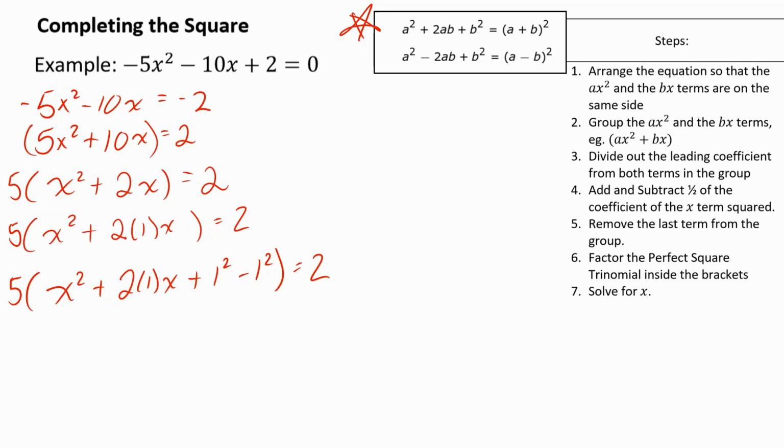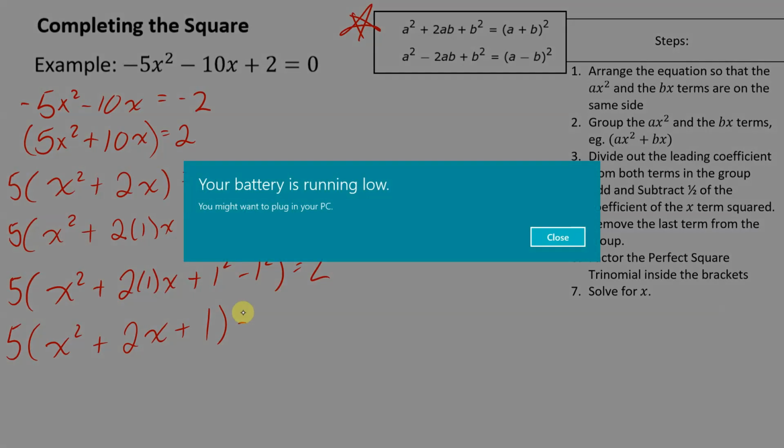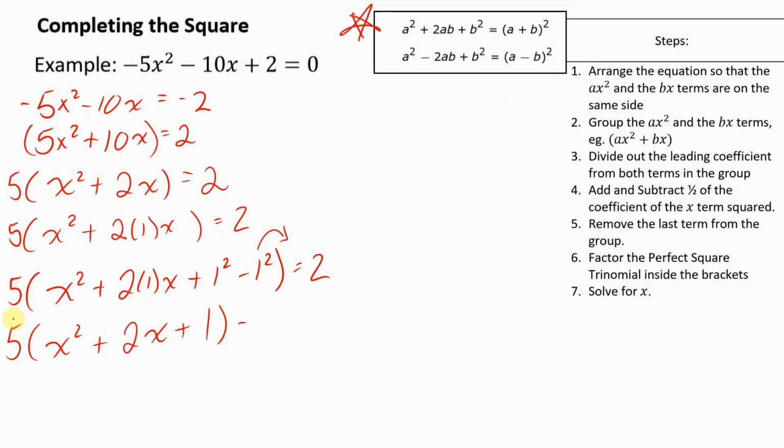Now that we've done that, we want to take this 1 squared out. So we can say 5 times x squared plus 2x plus 1 squared is the same as 1. When we take this outside, we're going to have minus. We still have this 5 here. So we're going to have minus 5 is equal to 2.